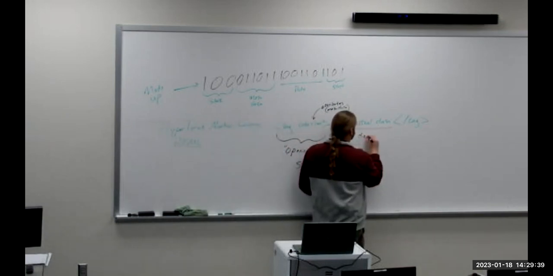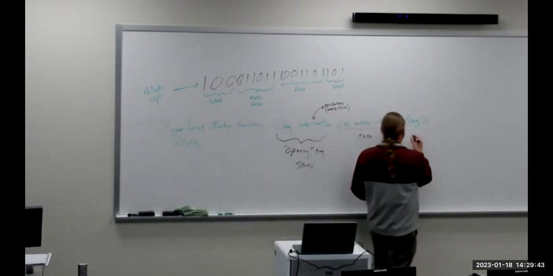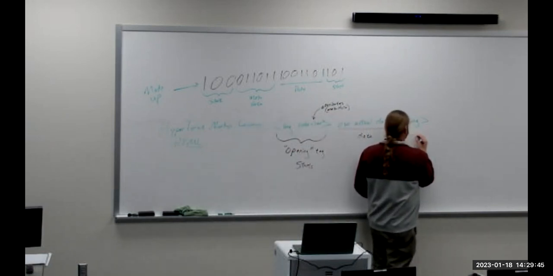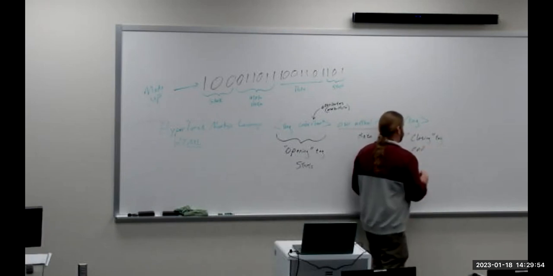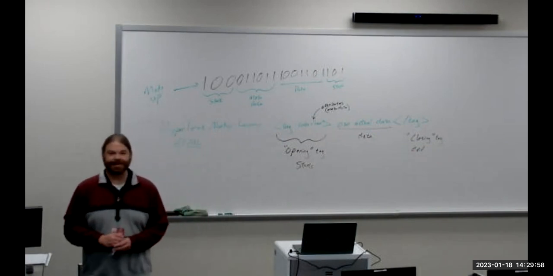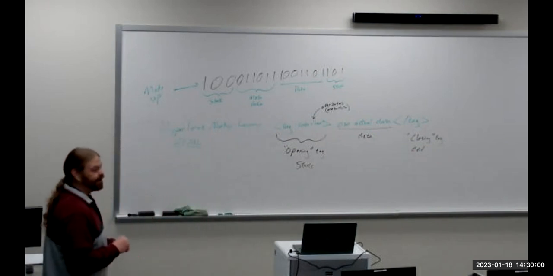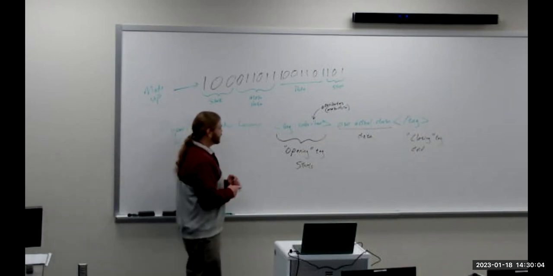Then we have our actual data, and then we have special characters to show where it ends. We call this the closing tag. We speak English, we're used to synonyms. People will know what you mean if you say start and end tag. But technically we should be calling them the opening and closing tag.